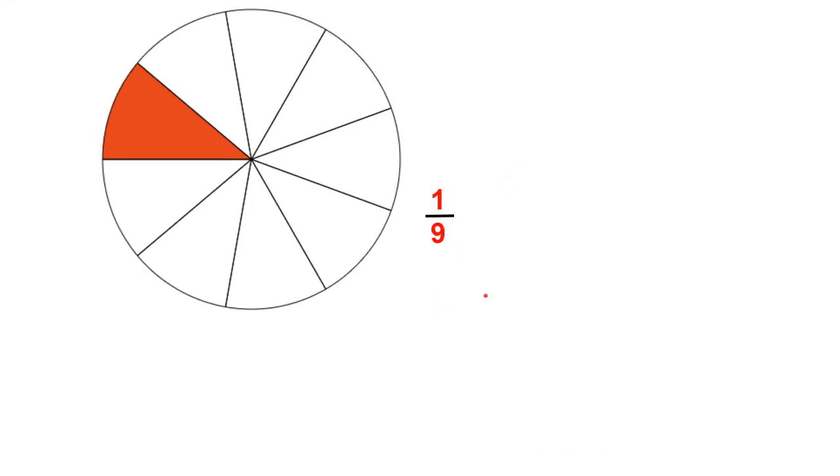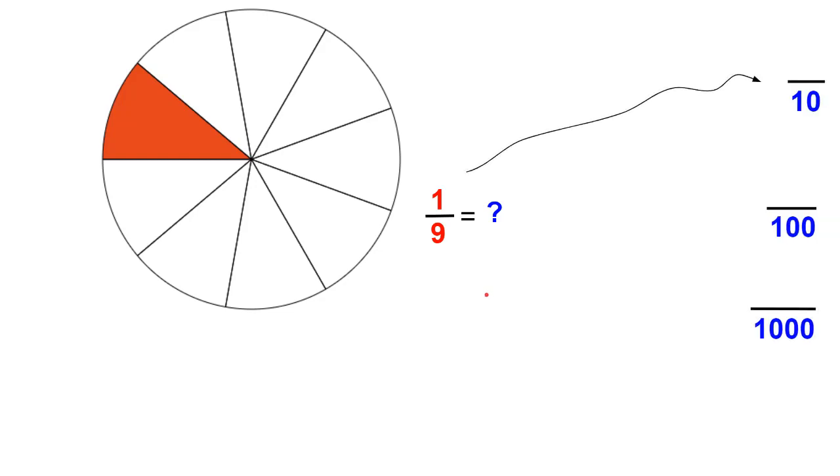1 over 9. Again, 9 is not a multiplication of 10, 100, neither 1,000.